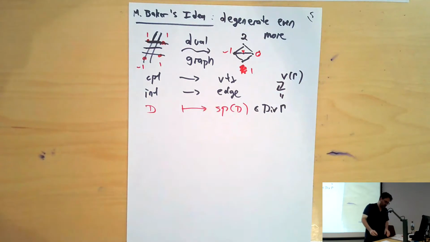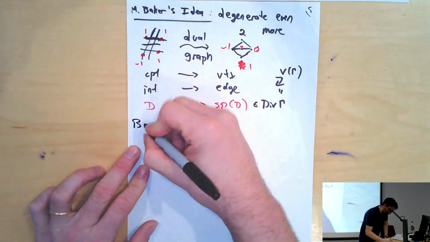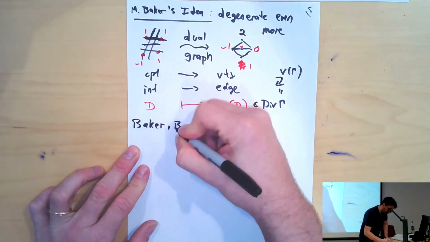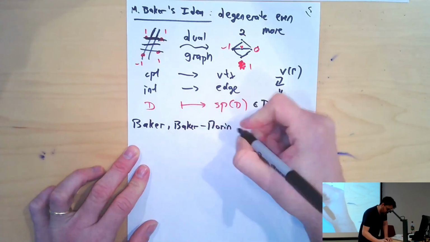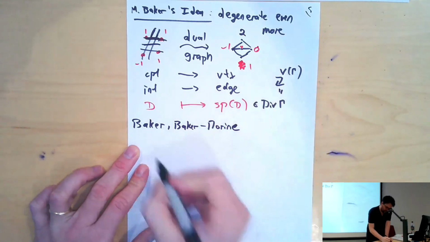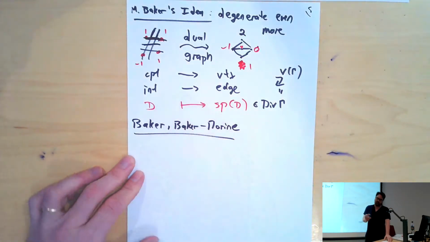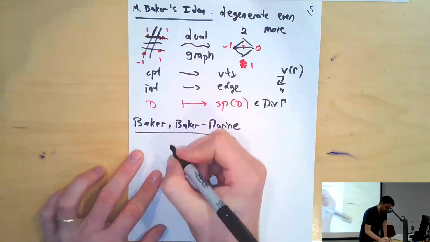So in Matt's series of papers, which have various co-authors, but the ones I need here, so Baker, and then Baker, Norine. So Sergei Norine was a combinatorics postdoc at Georgia Tech. I'll spend the rest of the lecture explaining this and explaining how it connects to number theory and geometry.